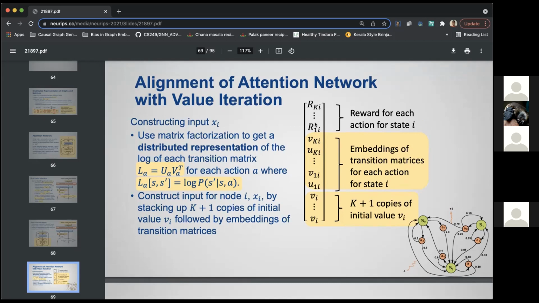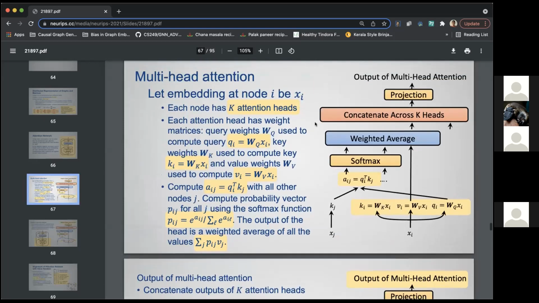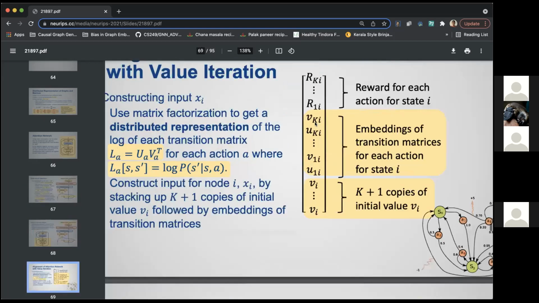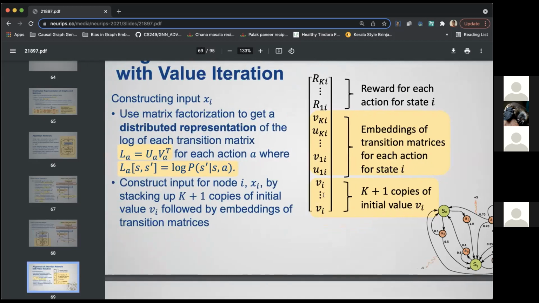Just to recap, there are the k+1 copies of the initial value, the rows of U and V being stored in the next few entries, and the rewards being stored at the very top.